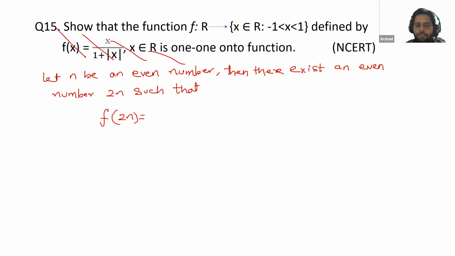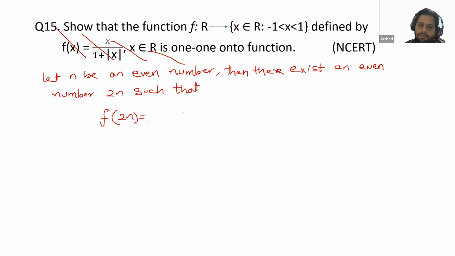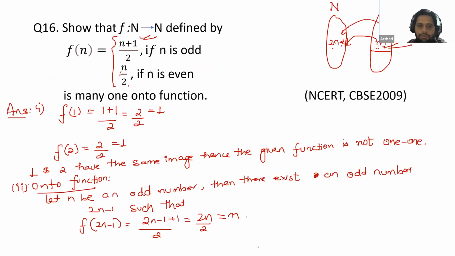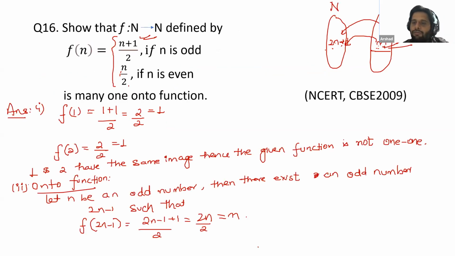So please check here, if we are putting even, we will use this expression. So we will write 2n by 2, which will give us n. So that means if we have an even number n in the second set, then its pre-image will be 2n. So for every even number in the second set, we have its pre-image in the first set.